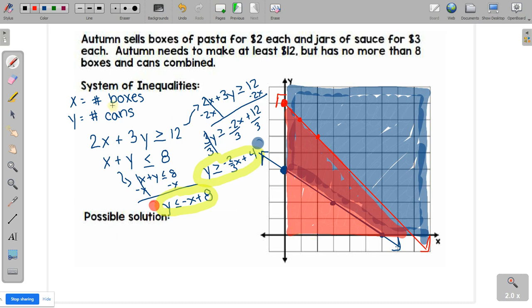X's are our boxes. So we could do 4, 3 as a point. What that means in our problem is she can sell 4 boxes and 3 cans or jars.